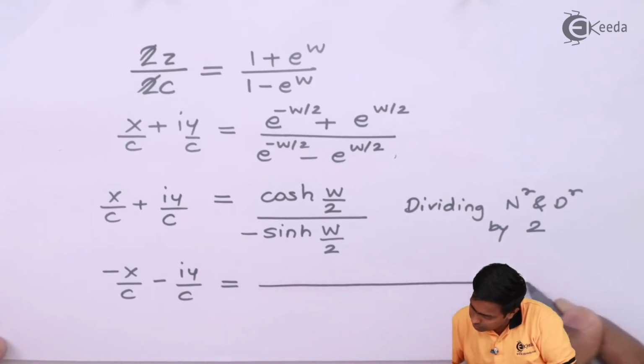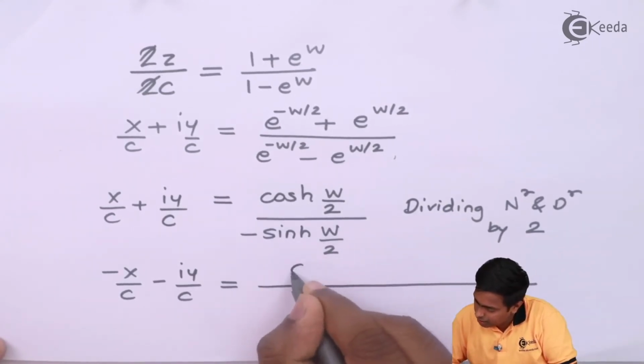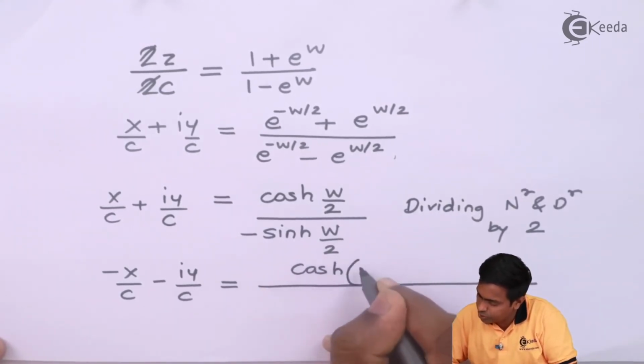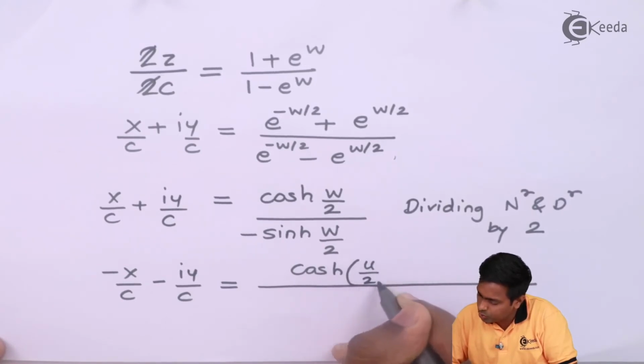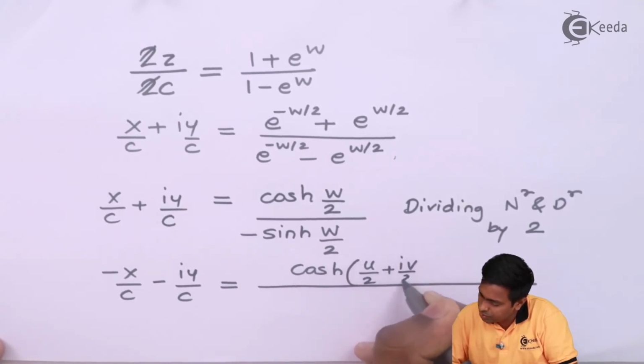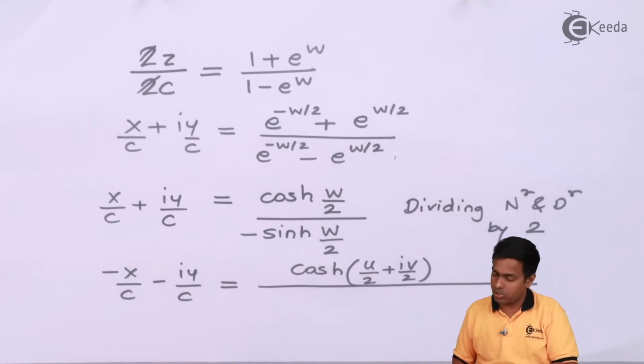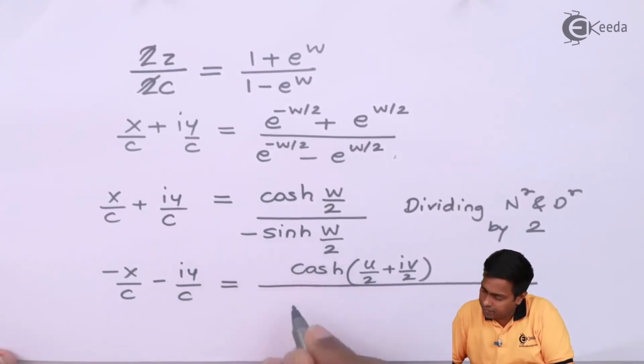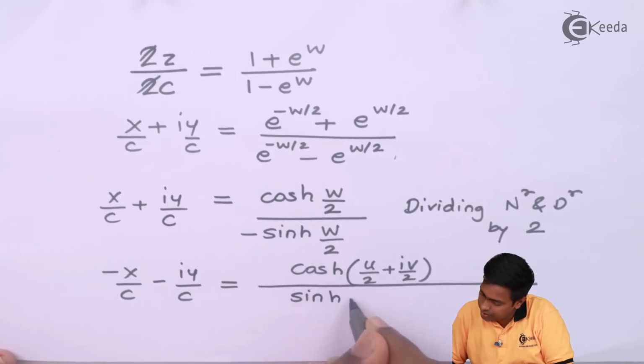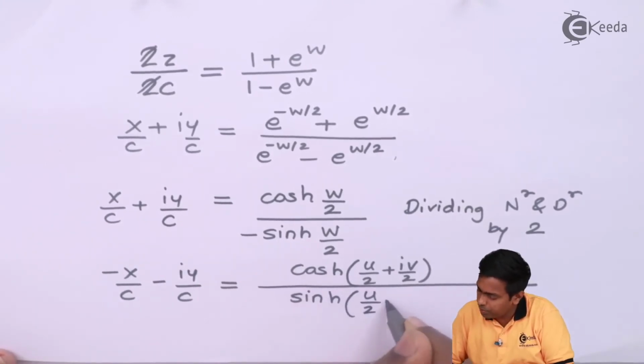So here I'll say that hyperbolic cos of w by 2 is nothing but u by 2 plus iv by 2, because w is u plus iv. Similarly, this sine hyperbolic term will become u by 2 plus iv by 2.